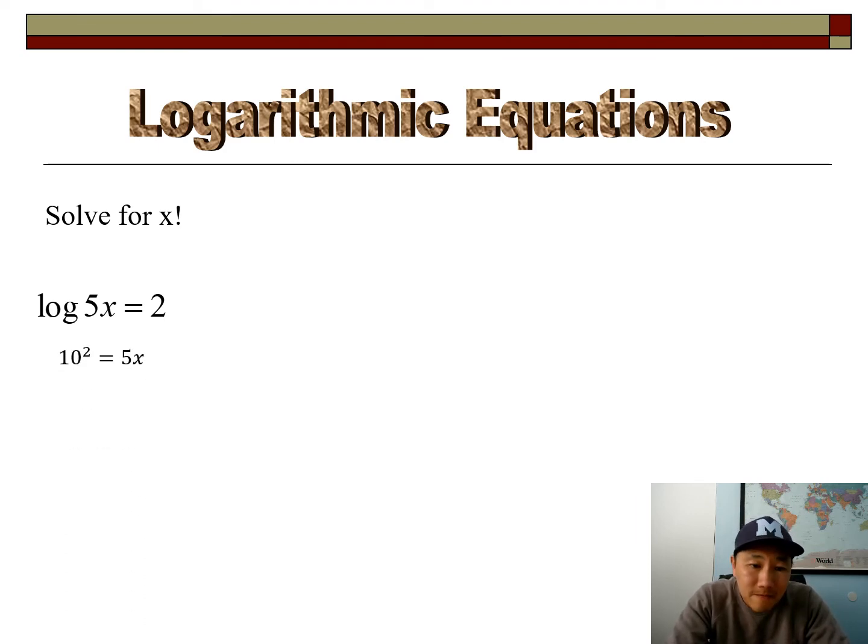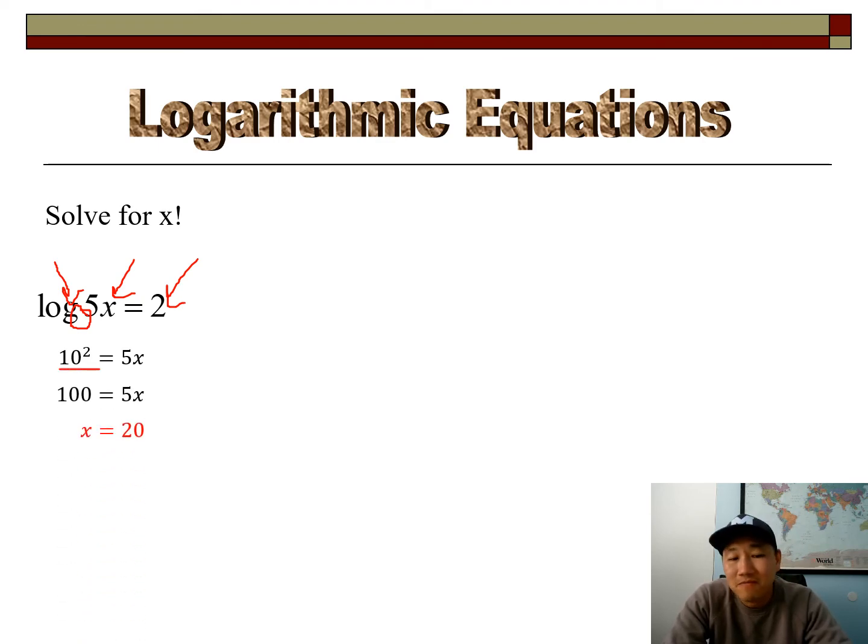Again, there's an imaginary 10 down here whenever they don't write it. So that's why it's base 10. Base 10 squared equals 5x. It's left, right, left. And then from here, you just evaluate. 10 squared is 100. Divide both sides by 5. x equals 20.